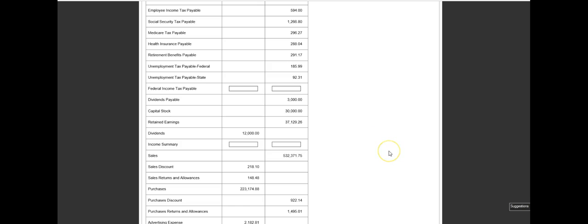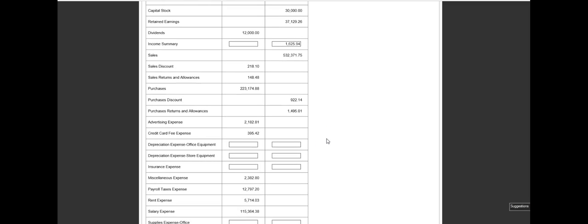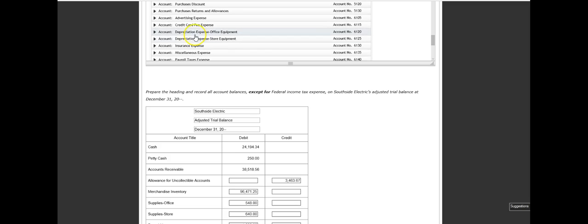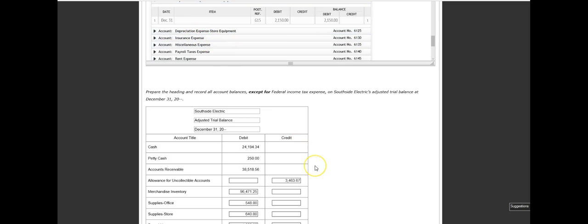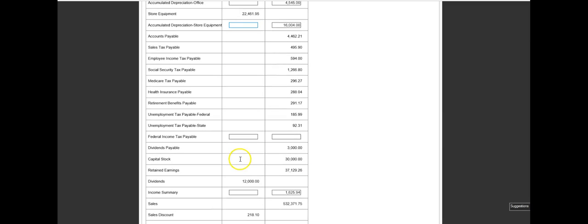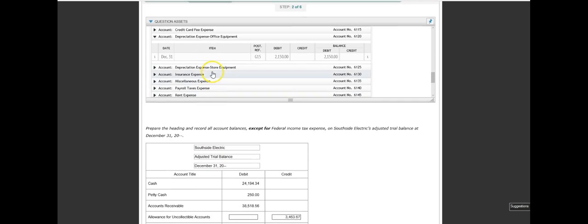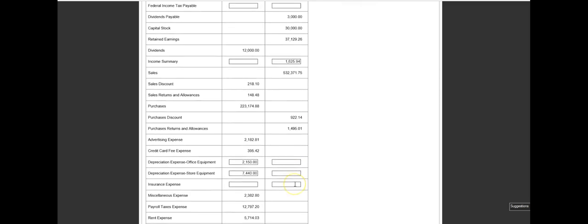Income summary, 1625.94. Depreciation office equipment, so long, $21.50. Where was I? Right there. Let's go find this one. I'm pretty sure that's it. Yep. What was next?